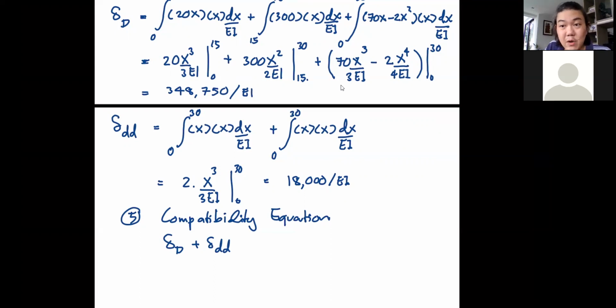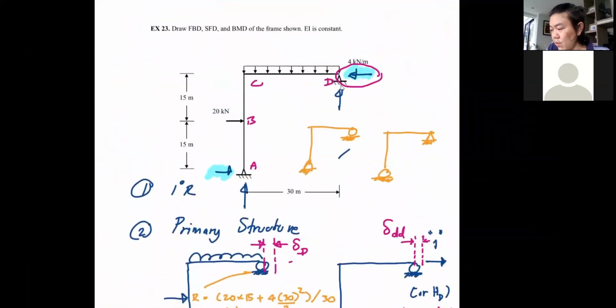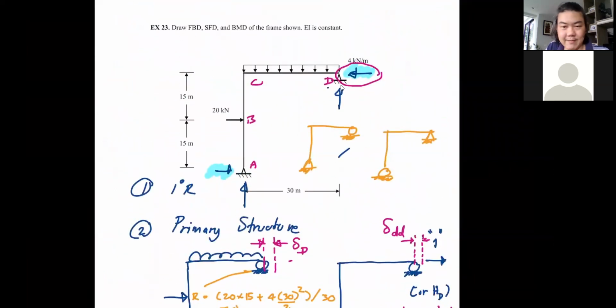So the displacement caused by the reaction HD must be the one caused by the unit load multiplied by HD itself. And when they are summed up together, the result must be 0 because of compatibility and because our actual structure has no displacement at D.